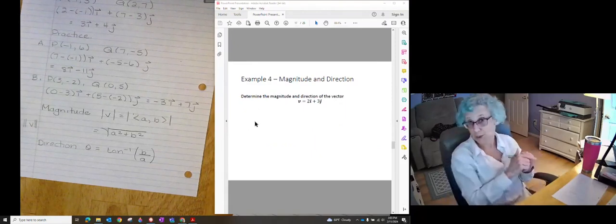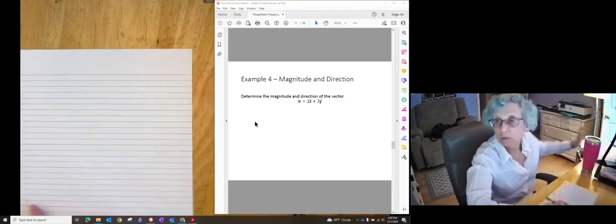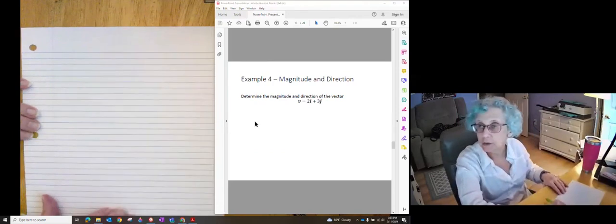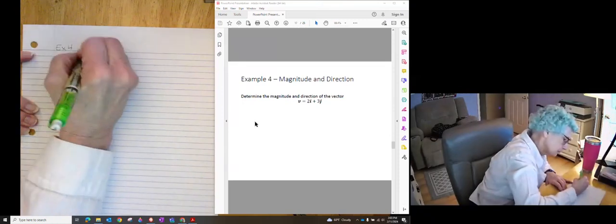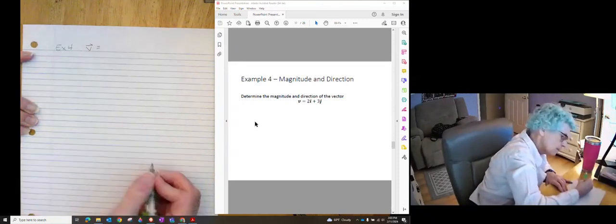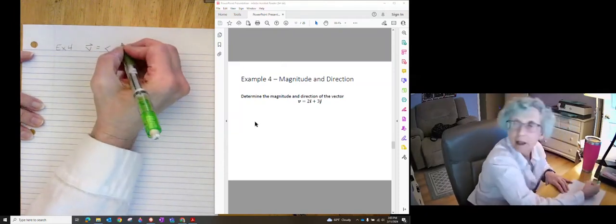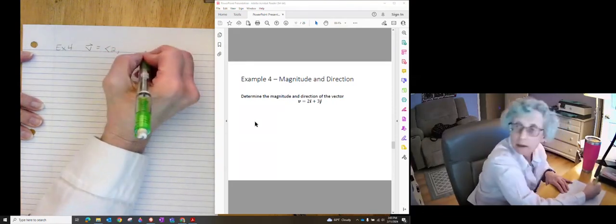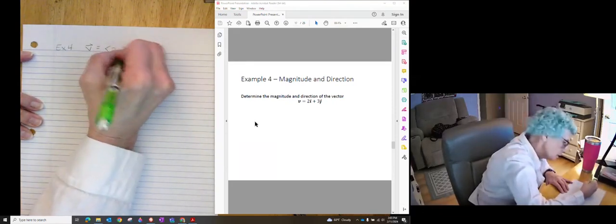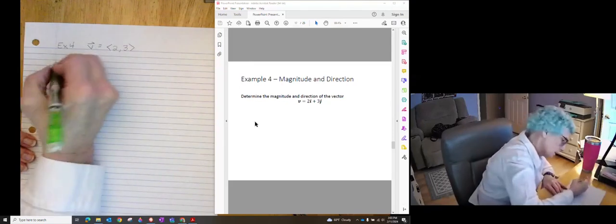So let's try one. We want to determine the magnitude and direction of B, which is equal to, and I'm not going to write it in terms of i and j. I'm going to write it in component form, 2 and 3 with its little pointy brackets.